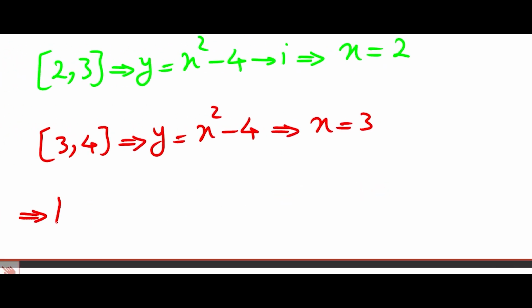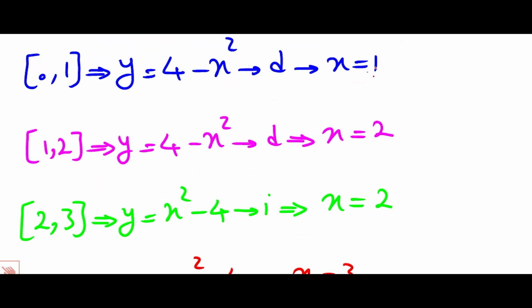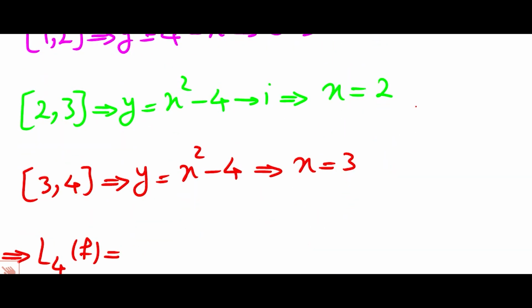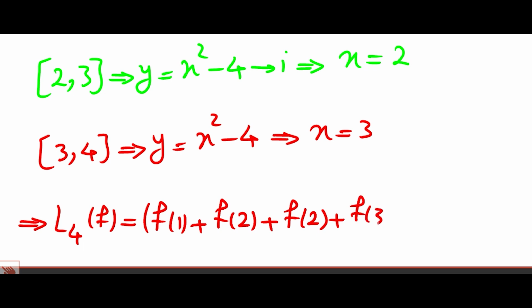So we have L4 of f equals f of 1 plus f of 2 plus f of 2 plus f of 3, times delta x, right?